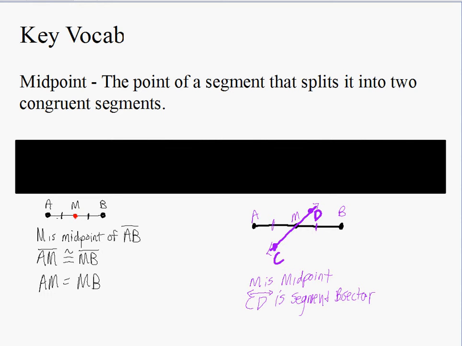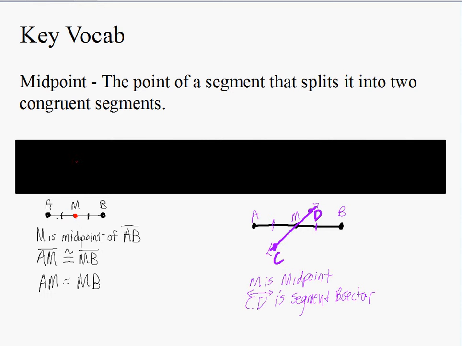So that means that I've split up A and B into two smaller congruent segments. How can I tell? Well, AM has a dash and MB has a dash. So that means that in this diagram, these two segments are congruent. So if AM is 5, MB, you best believe, has to be 5.